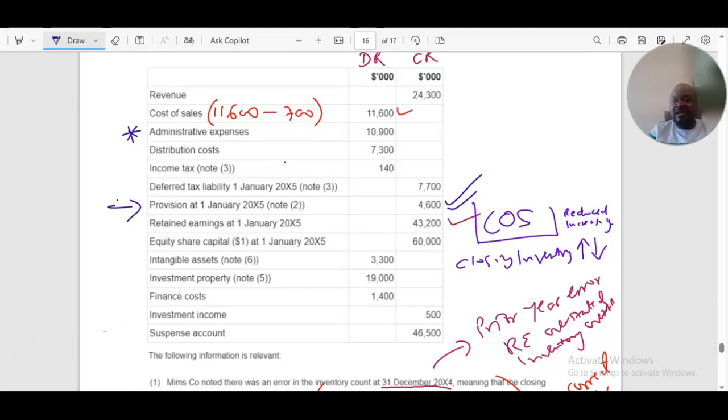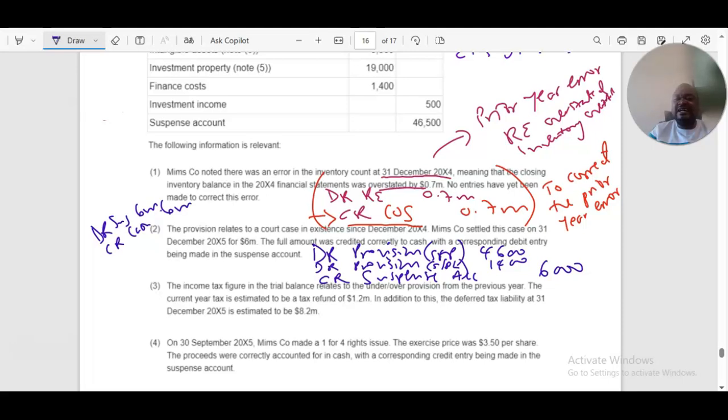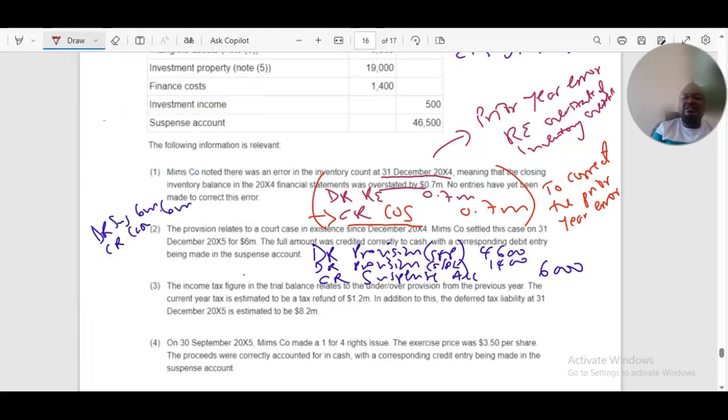So for now, let us indicate some admin expense, because by the end of the day, we need to create something that is going to be meaningful. So obviously, this should be an admin expense. We're going to add it to the admin expense. Let's move on.